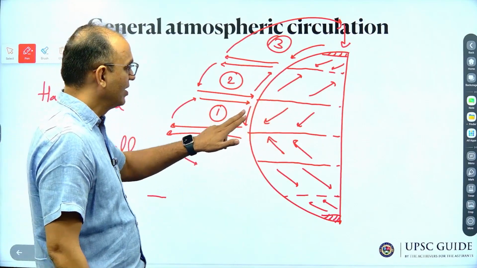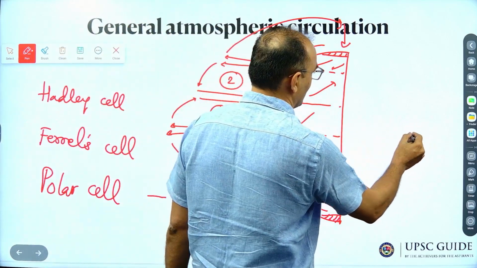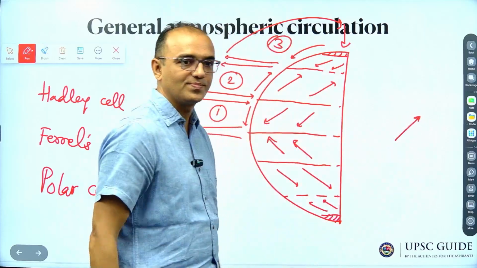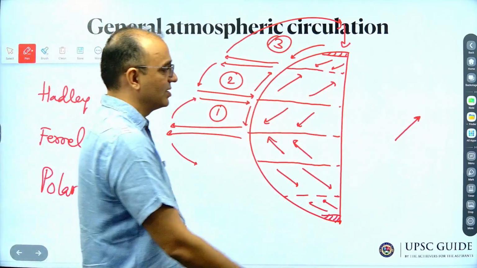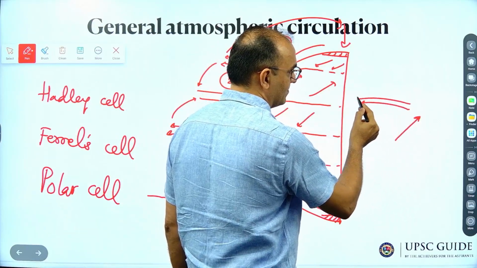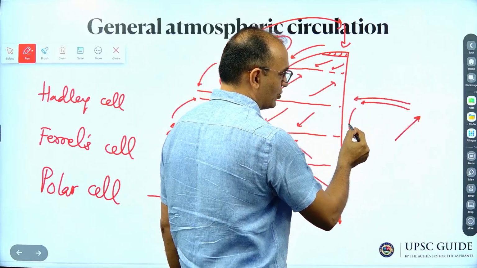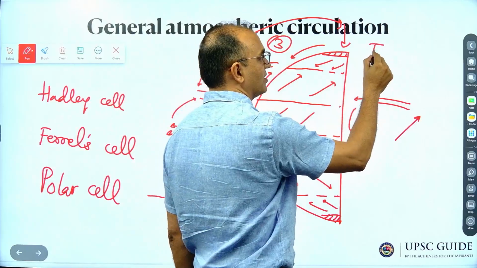So in India, during monsoon, what happens? I'm just drawing a parallel diagram here. Southwest to northeast, that is the monsoon. There is upliftment of winds from Tibet. The winds come back to the Indian Ocean as a jet stream called the tropical easterly jet, TEJ.